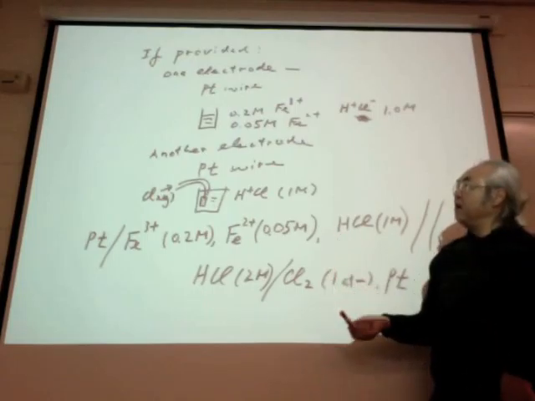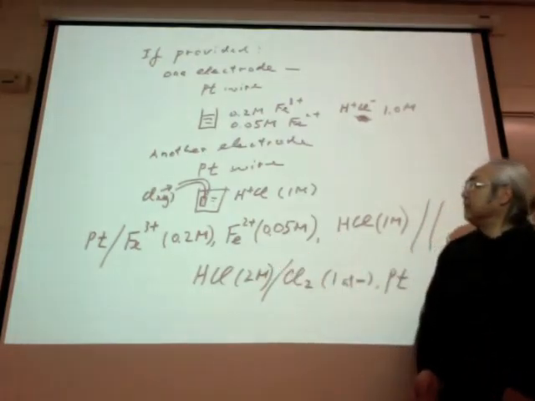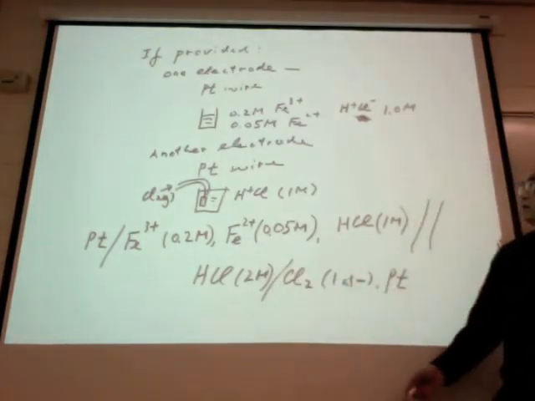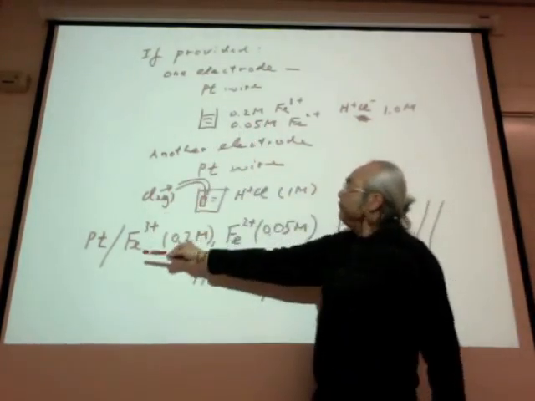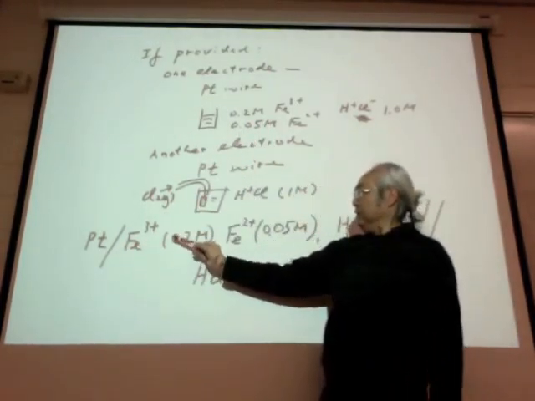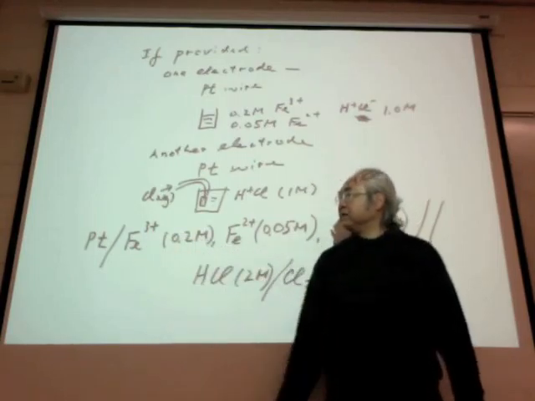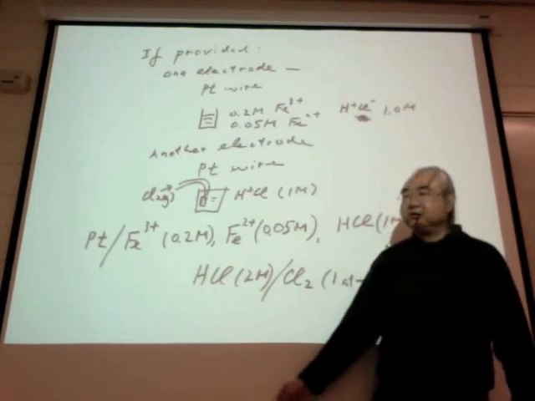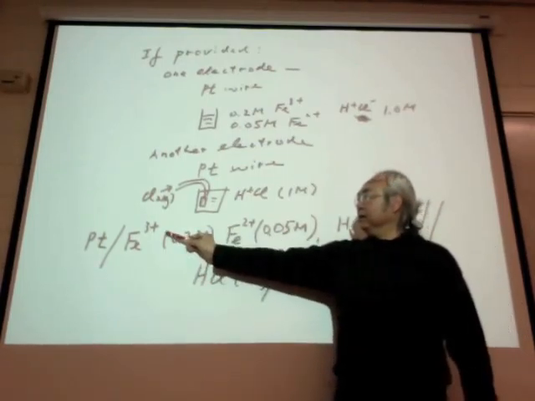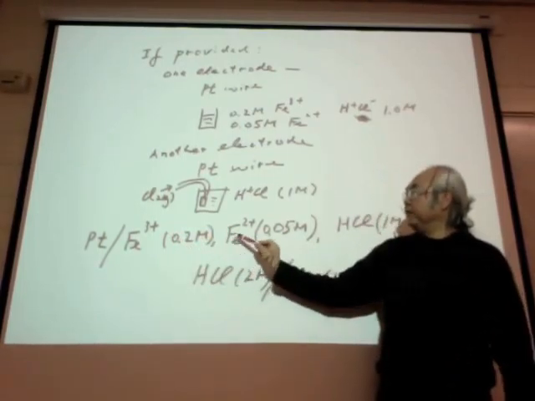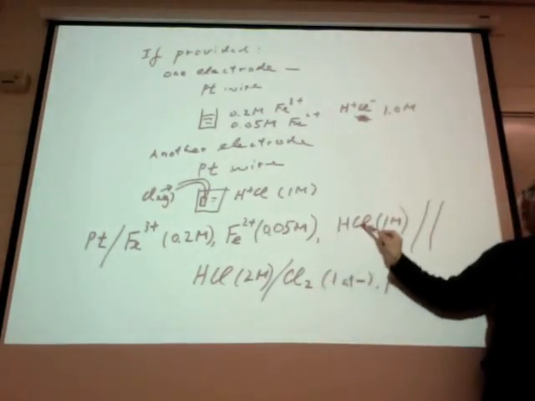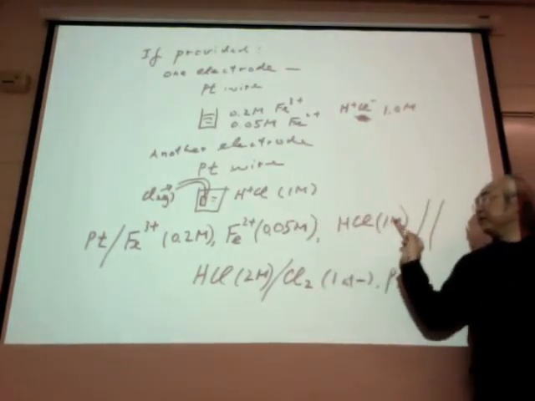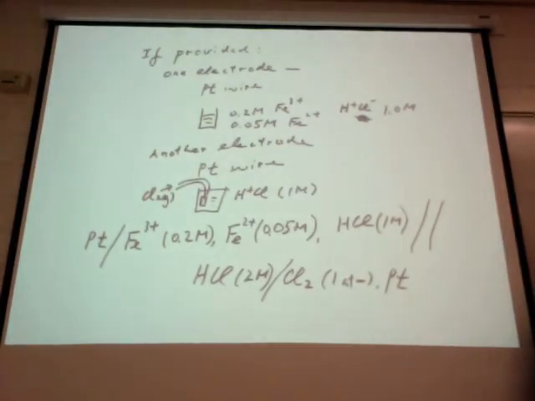Use your imagination. If you combine the two into a complete cell, then you write a cell representation like this. First, the platinum, then it is customary to write the oxidized species first. Indicate the concentration of the species and all the chemicals with concentration. Then the salt bridge makes the connection.